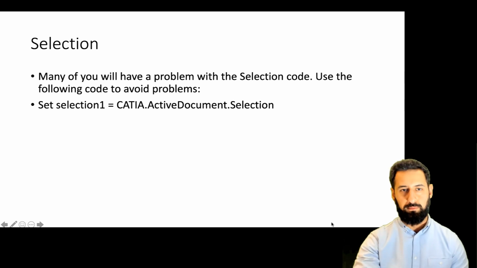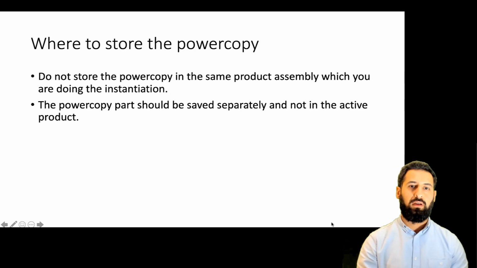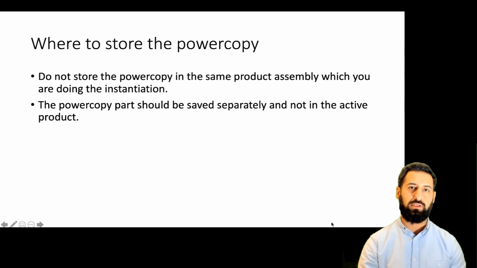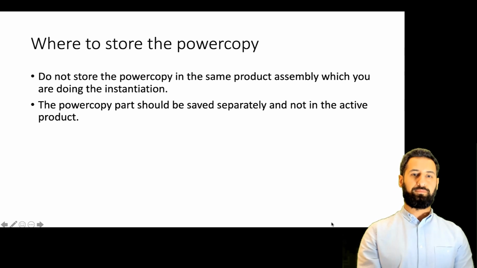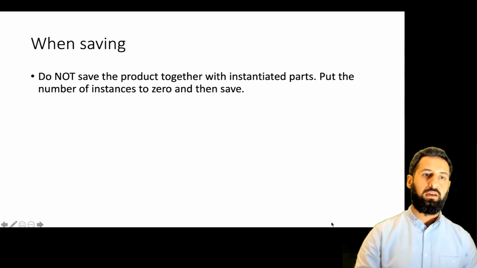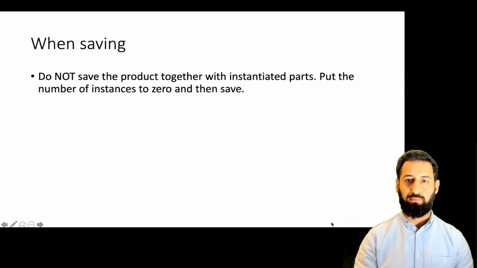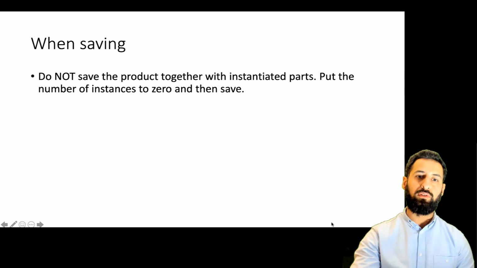Then there will never be a problem. Do not store the power copy in the same product assembly in which you're doing the instantiation. It should be stored somewhere else, not in the product assembly. When saving, do not save the product together with instantiated parts. Put the number of instances to 0 and then save.